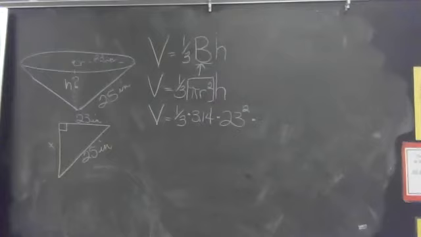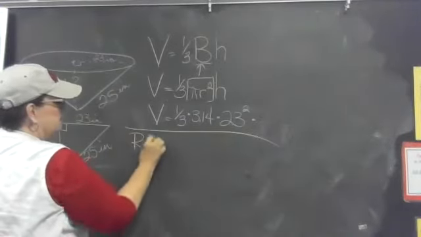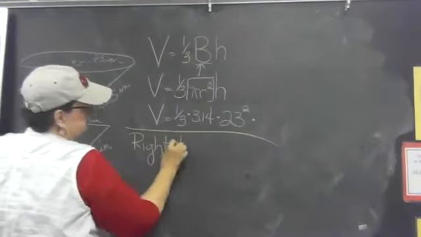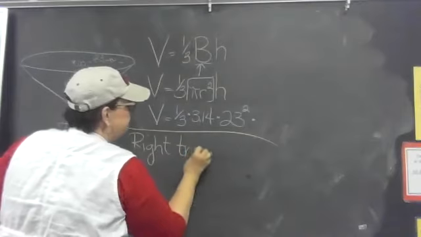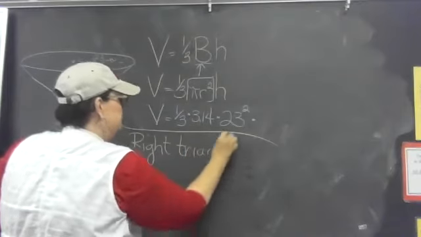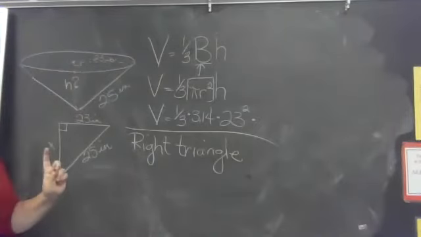Okay. Anytime that you have a right triangle, only in a right triangle can you do this. Right triangle means 90-degree angle. This is the only time you can do what I'm going to show you.